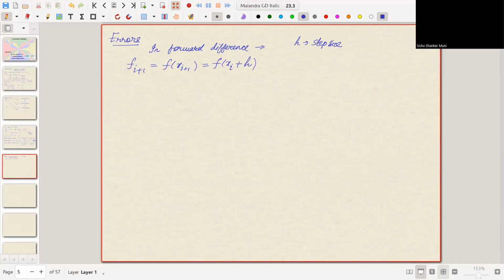We already know we have a uniform grid. That means f of i plus 1 is f of x i plus 1, and x i plus 1 is x i plus h. h is your step size. Now this should ring some bells that we need some Taylor series expansion.